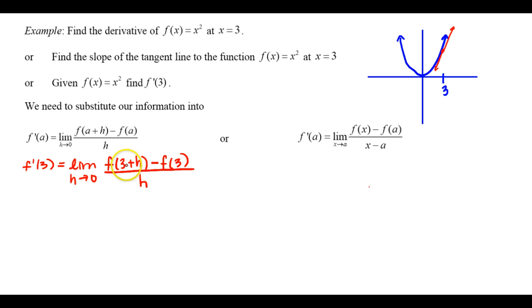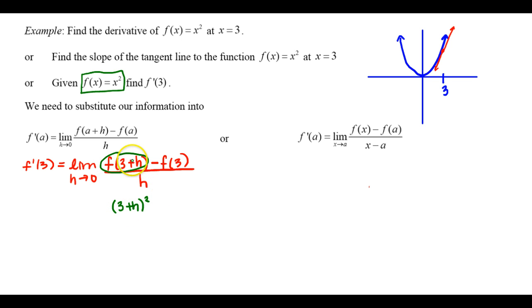Well, f of 3 plus h means that I'm going to replace, so here's my function, f of x equals x squared, I'm going to replace my x value with 3 plus h. So this portion is going to become 3 plus h squared.